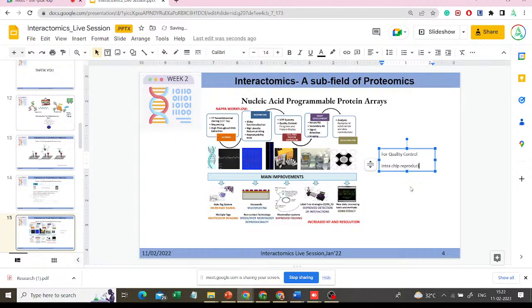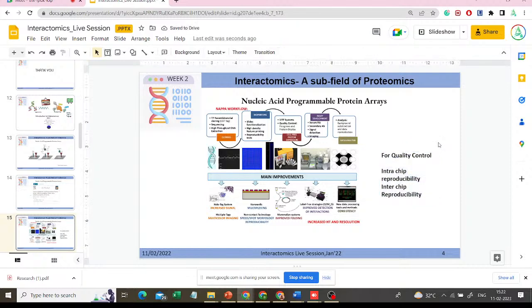So keep in mind these two terms, because these are very much important for concluding any kind of... going into any kind of conclusion.